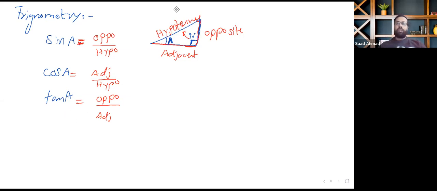Okay, so these were the three basic, and now the other three are the opposite of them. You could have said, what if I divide the hypotenuse by the opposite? If we flip those sides, then we get cosecant, and the sine. They are the reciprocal of each other.